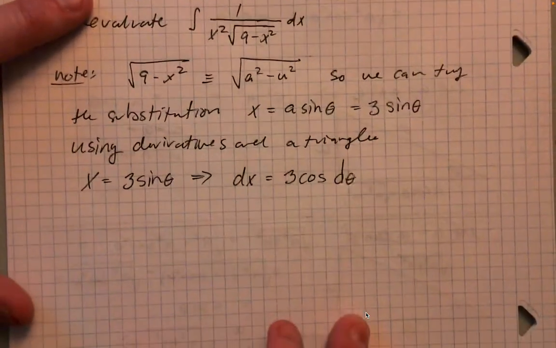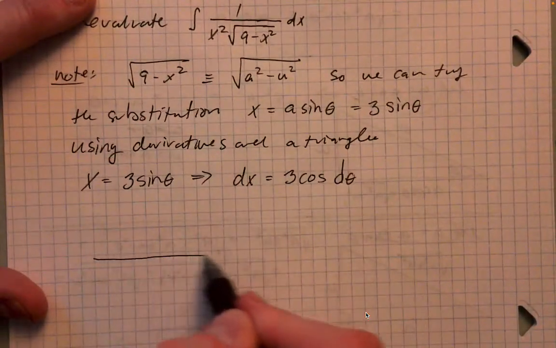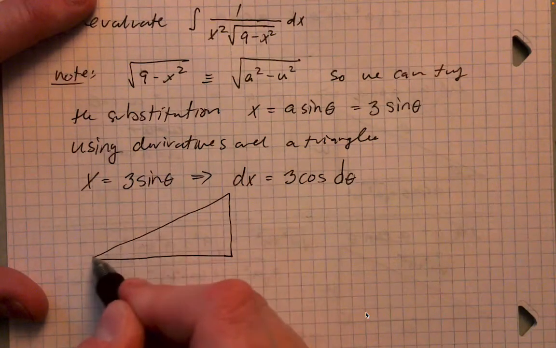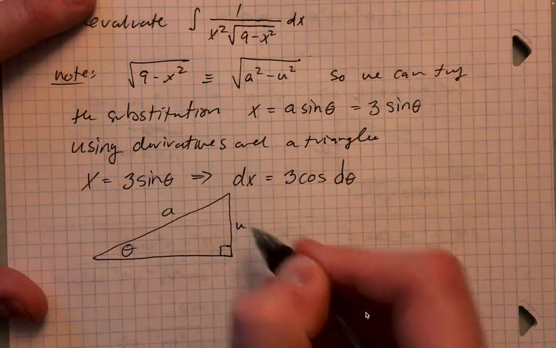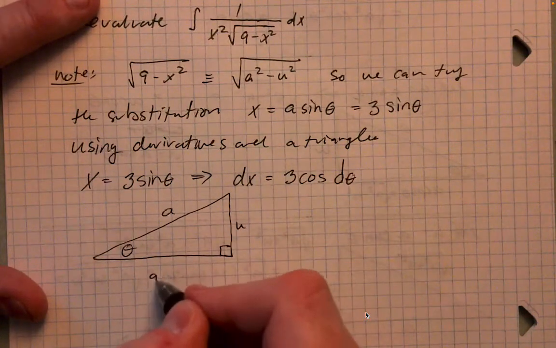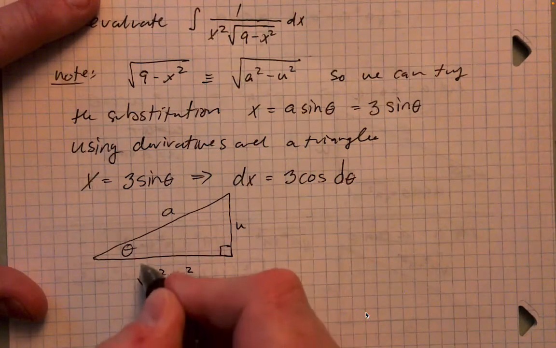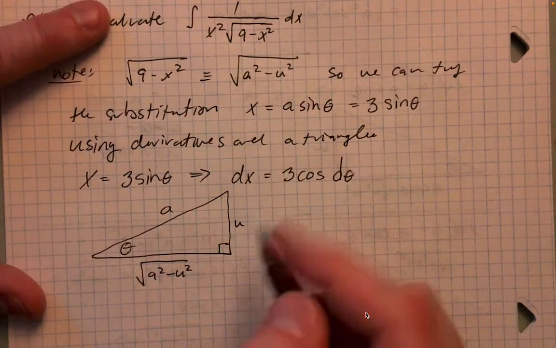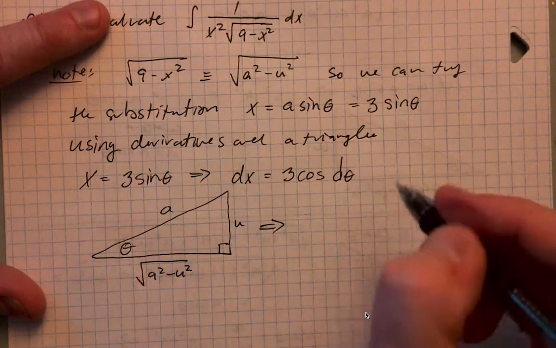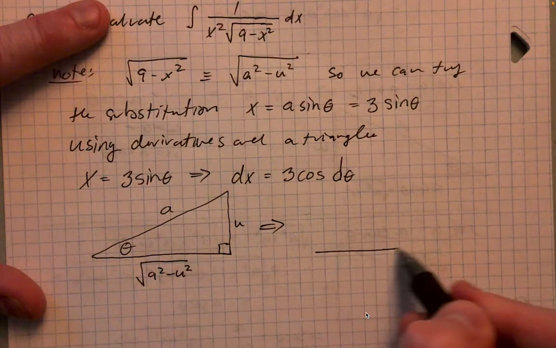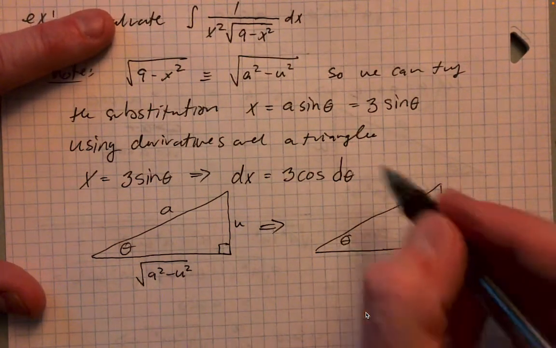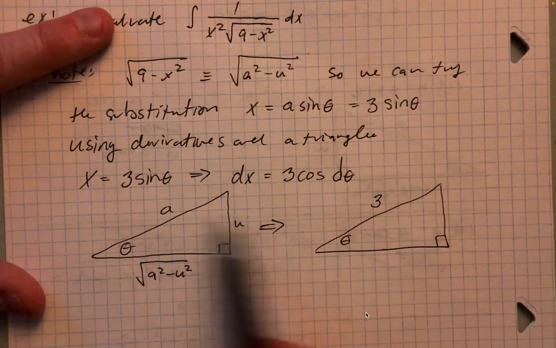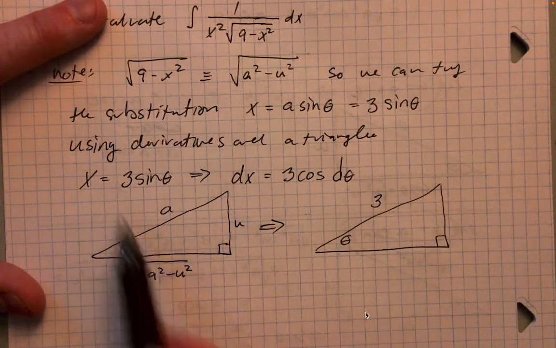Looks good. Right, and so here was the triangle we looked at a moment ago. We said a was up here, u was down here, and you had the square root of a squared minus u squared here. Just plugging our values in here, that would be 3, and then u we just said was 3 sine theta.